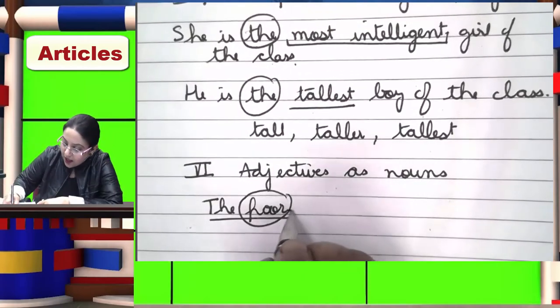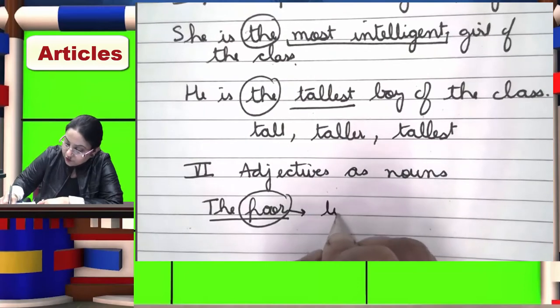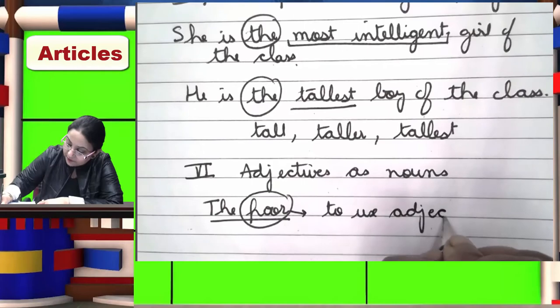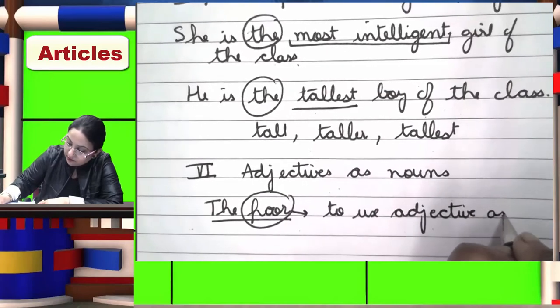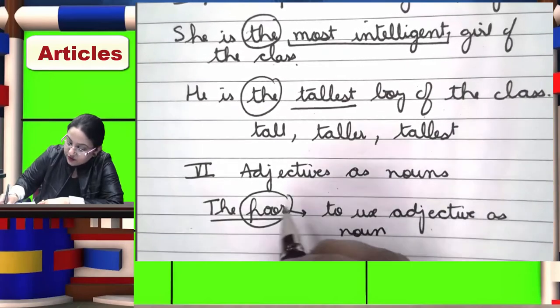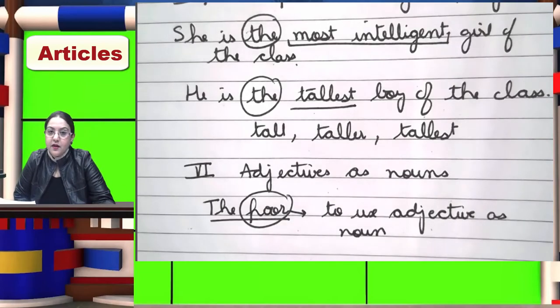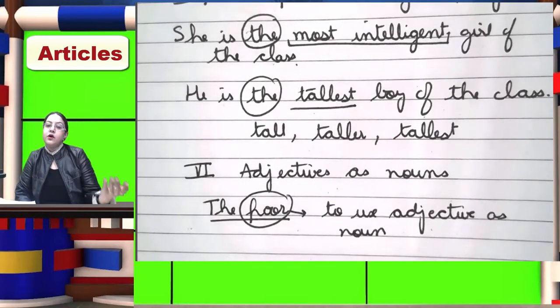To use an adjective as a noun, I am using the article the. Poor is actually an adjective, but when I say the poor, I am talking about many people, all those people who are poor.